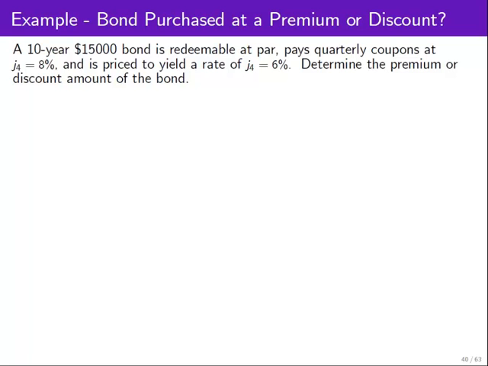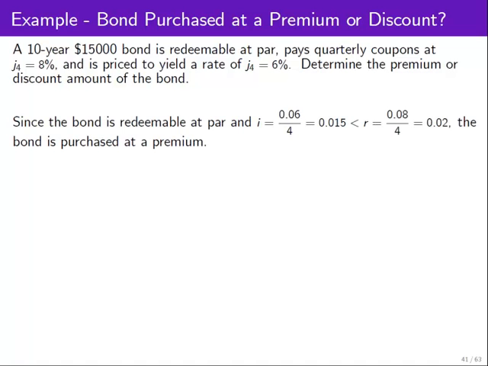Suppose we had a 10-year $15,000 bond and it's redeemable at par, pays quarterly coupons at J4 equals 8%, and is priced to yield a rate at J4 equals 6%. Determine the premium or discount amount of the bond. So here we have a $15,000 bond that's redeemable at par, which means the face value and the redemption value are both $15,000.